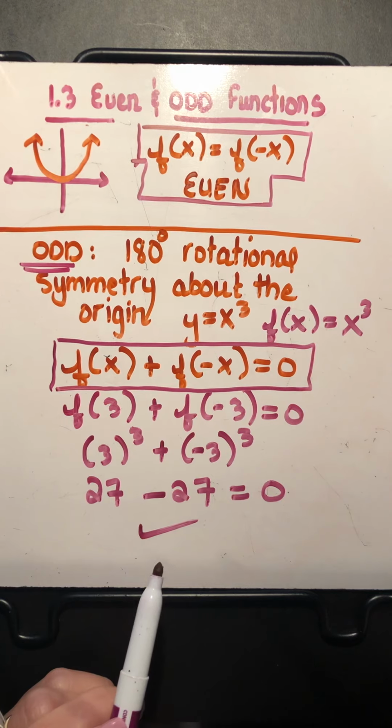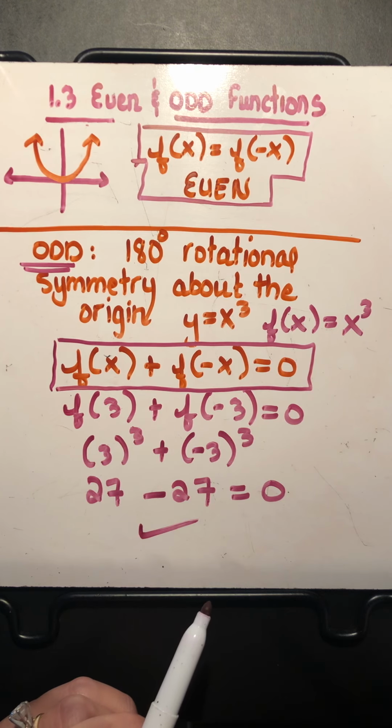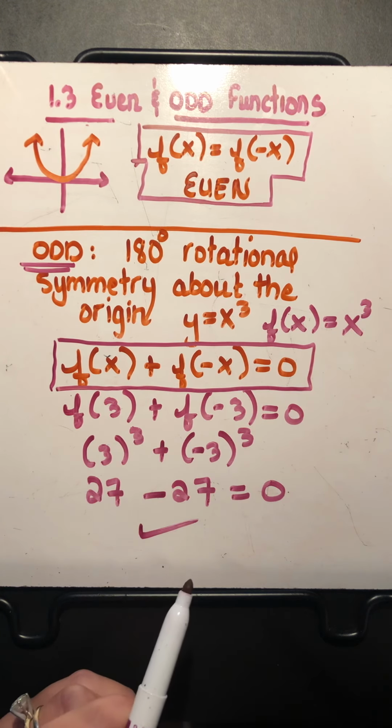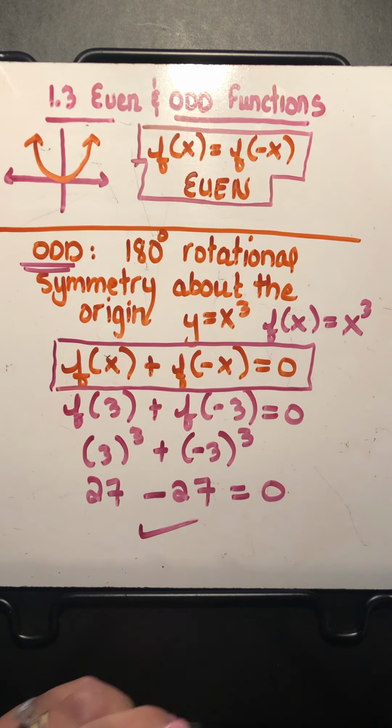I'll have you pause the video real quick and see if you can come up with a function that is both even and odd. So maybe pause the video, see if you can come up with one, and then replay it. I'm going to show you that coming up in a little bit.